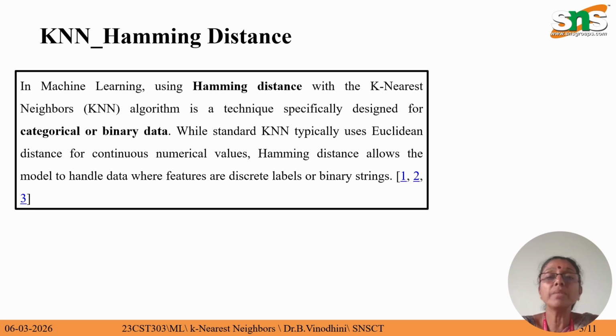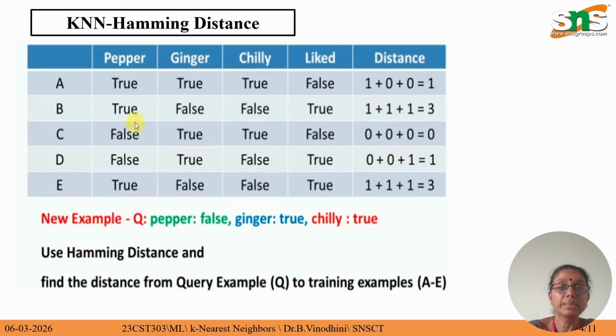Hamming distance with k-nearest neighbor is a technique specifically designed for categorical data, while standard KNN typically uses Euclidean distance.